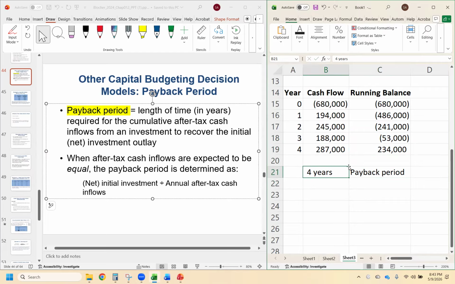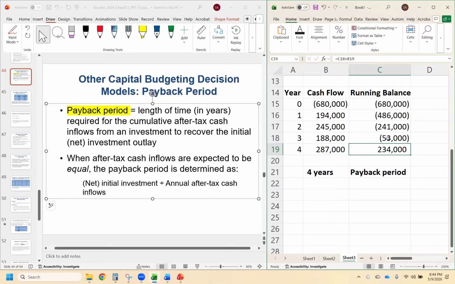This suggests that you get these dollar amounts at the very end of the year. So at the end of year 4, you'll get that 287,000, and then you'll be positive, and your project will finally have paid for itself. If you don't get the money at the very end of the year, then you can calculate an amount in years and months.